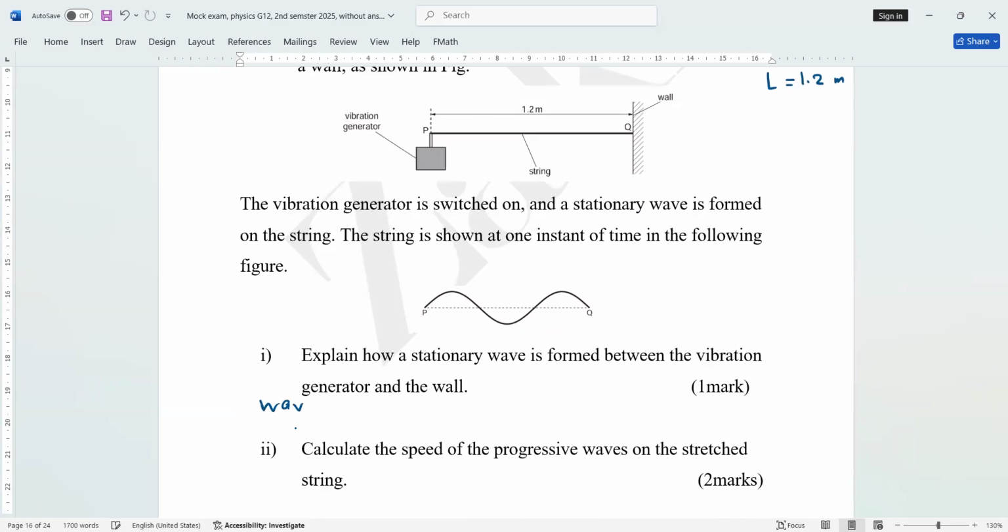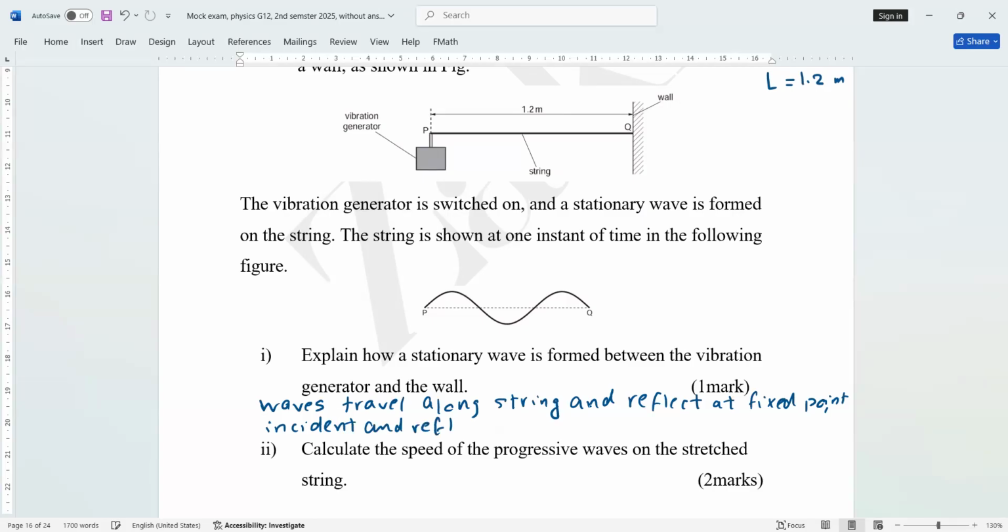So waves travel along string and reflect at fixed point, incident and reflected waves superpose.